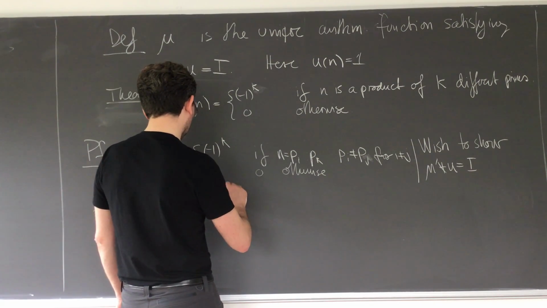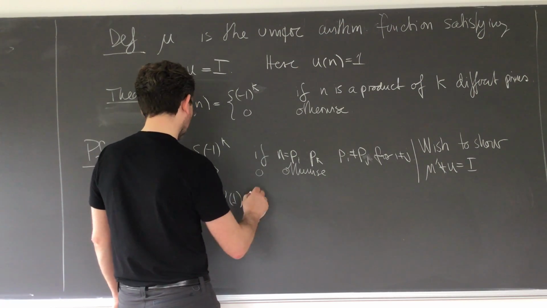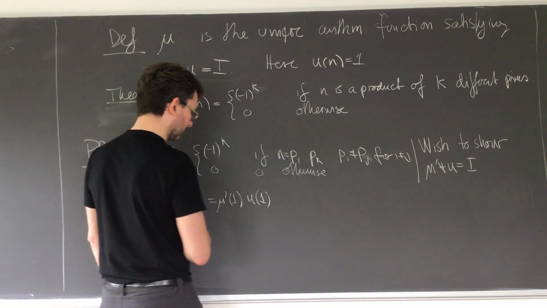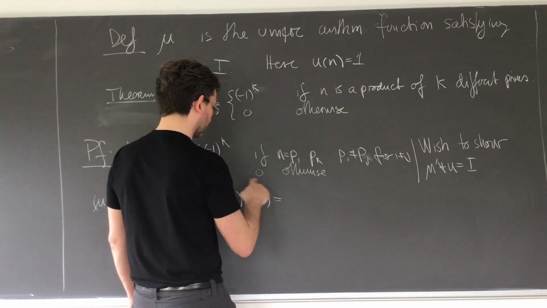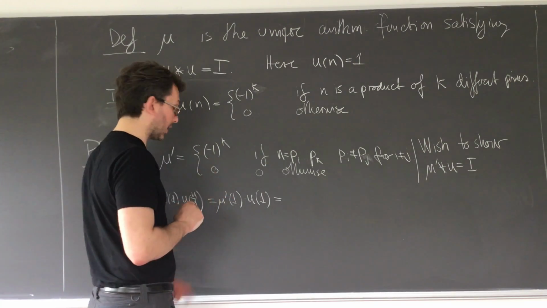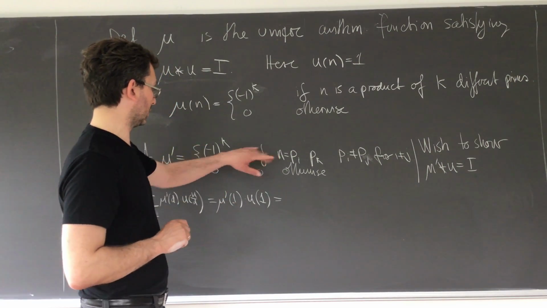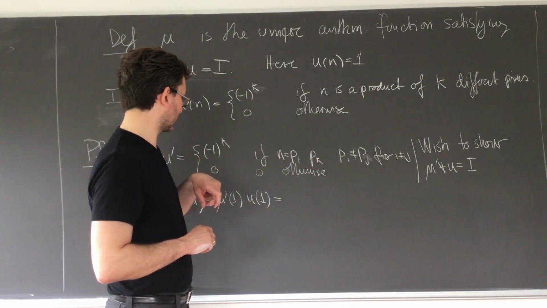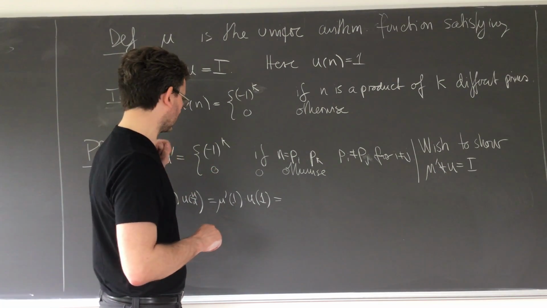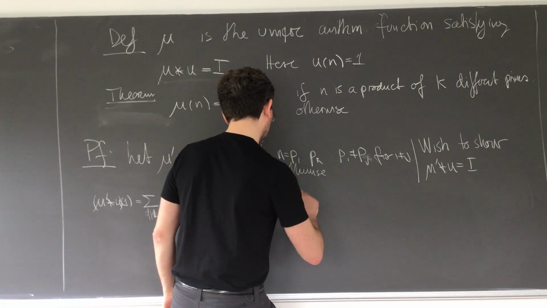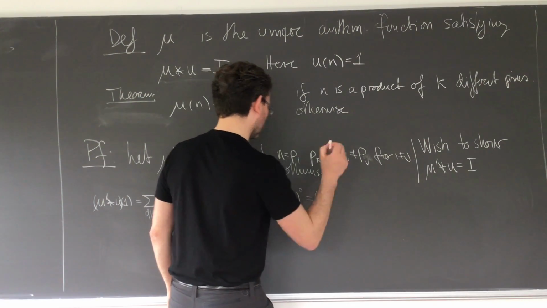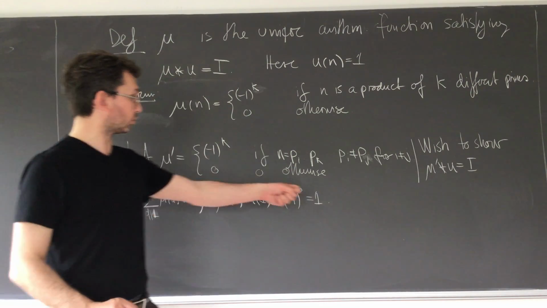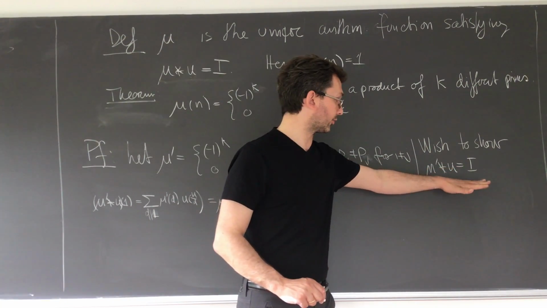So this is mu prime of 1 times u of 1 divided by 1, which is also 1. So u is always 1. And mu prime of 1, by definition, you should interpret as 1 being the product of 0 different primes. So it's minus 1 to the 0, which is indeed 1. So mu prime convolved with u at 1 is 1, which agrees with what we wish to show.